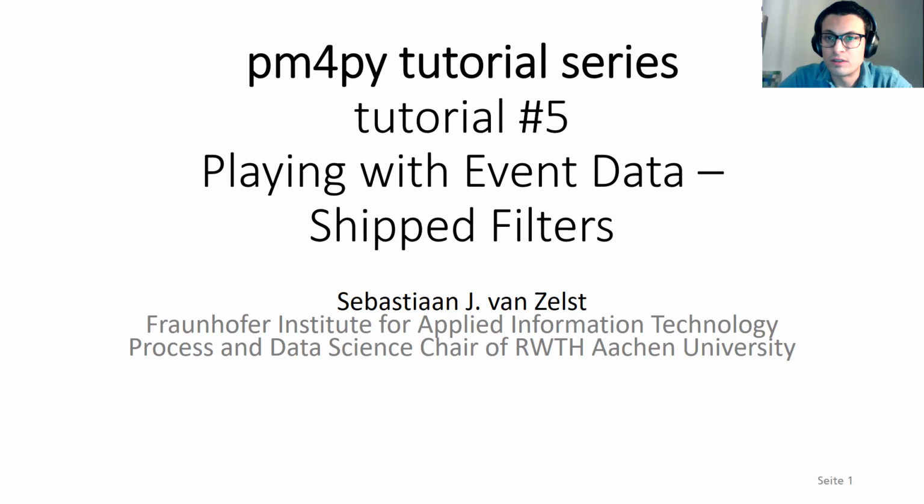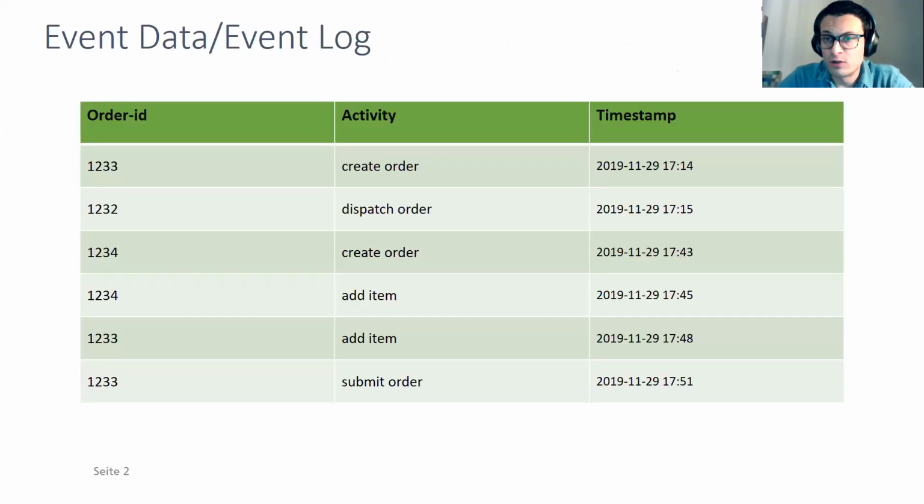But today I'll be focusing, of course, on pm4py as always. So what we're going to do is look at some basic event data filters. First of all, a very short recap: event data, as I hope you know if you've been watching this tutorial series, consists of a bunch of rows, which we can represent as a CSV file or preferably an XES file, as I've been showing in previous tutorials, where we're able to see what activity was performed at what point in time.